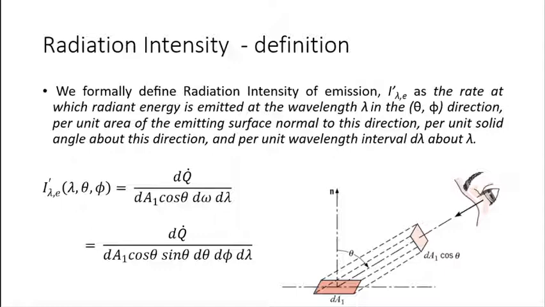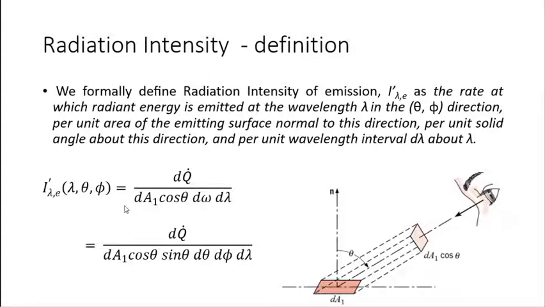So that's why I prime lambda E, which is a function of lambda, theta and phi, is given as dq dot divided by dA1 cos theta, and that is illustrated in this diagram on the right hand side, where if I am looking at the radiation emitted in this particular direction, which is theta and phi, then the projection of this dA1 normal to that direction is what you will be seeing there. So per unit area will be per unit of this area.